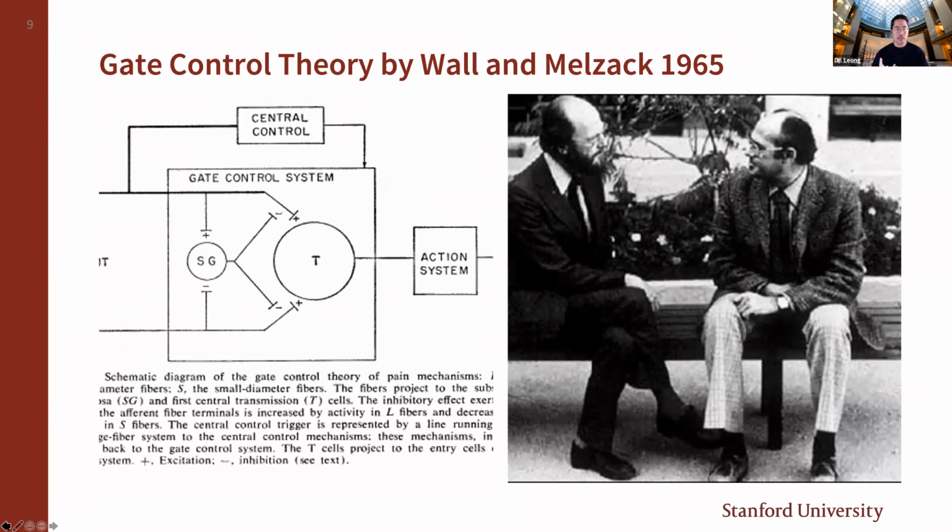The way that I understand it is that if you bump your elbow, then if you rub in that area, as we've told our children or other friends, if you just rub in the area around where you got the injury, it can sort of make things feel a little bit better. And that's sort of how the gate control theory works. By stimulating another area, you can shut down the pain signaling and close the gate.